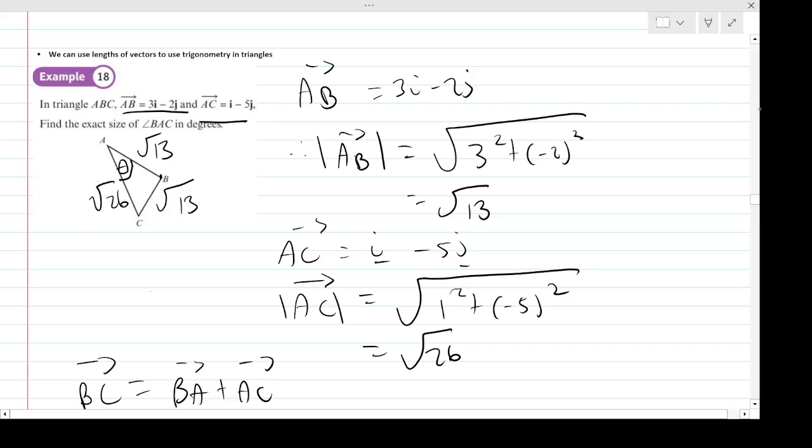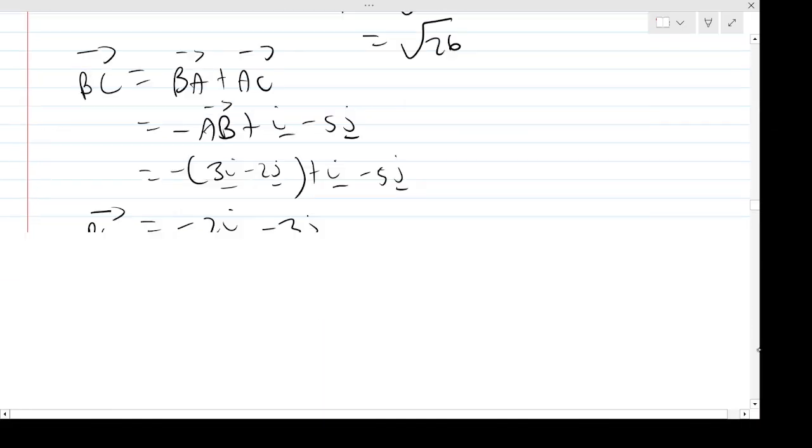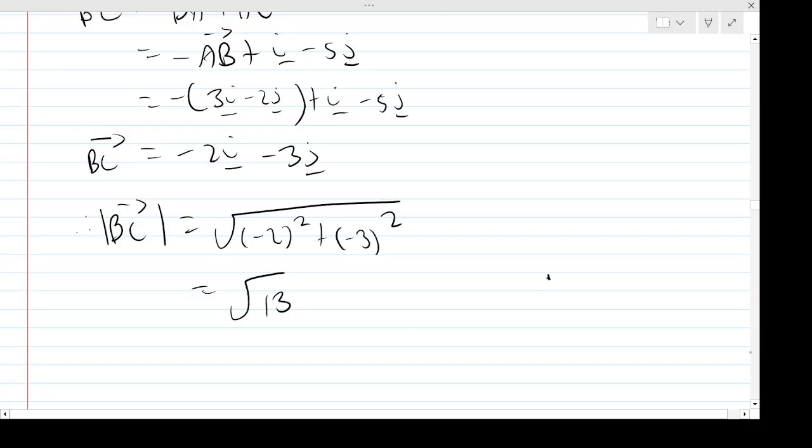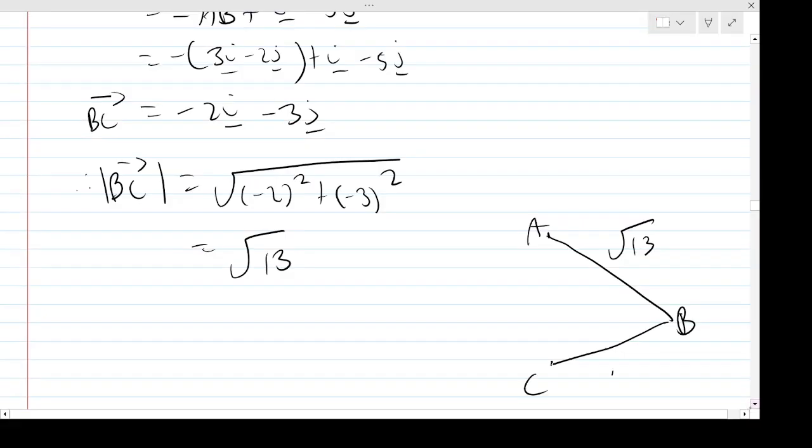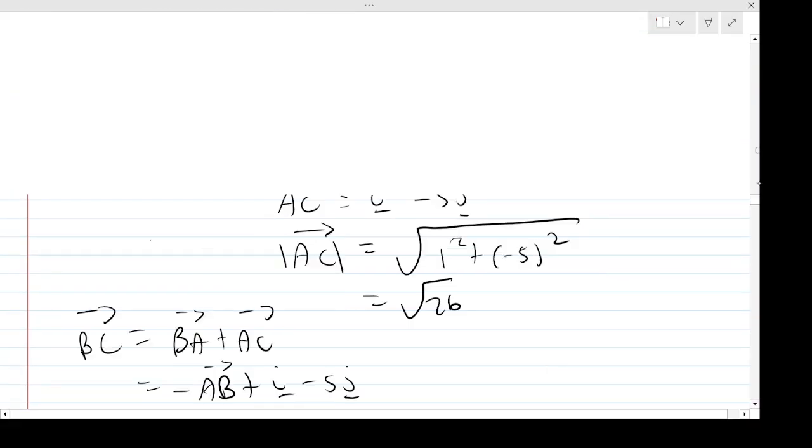If I was to draw that triangle out to showcase what's going on: A to B we know is root 13, B to C is root 13, and A to C, what was it, root 26.